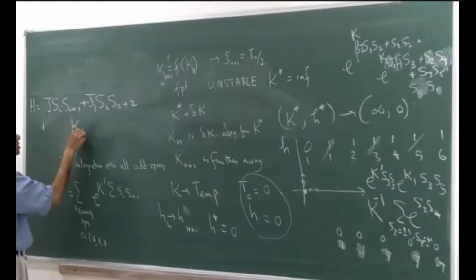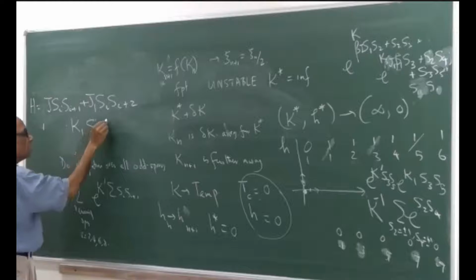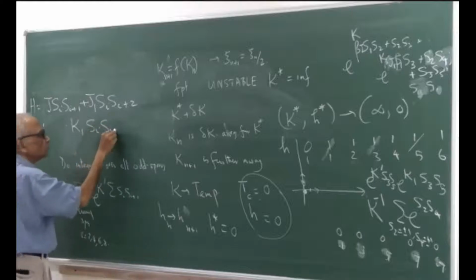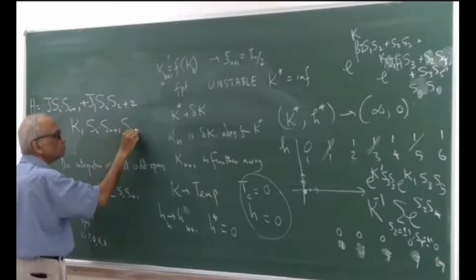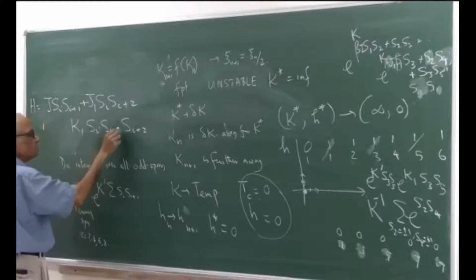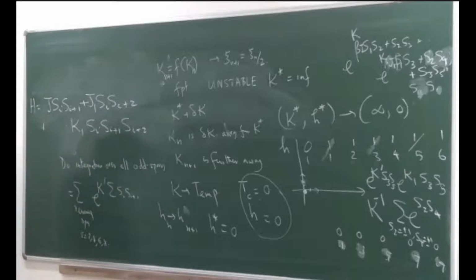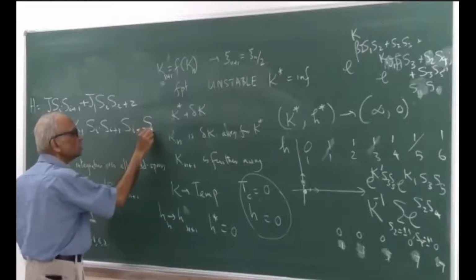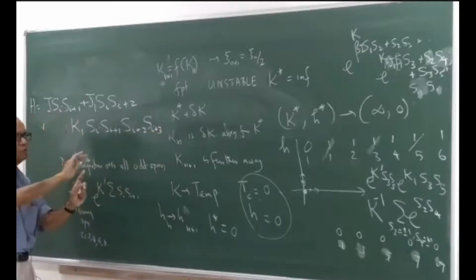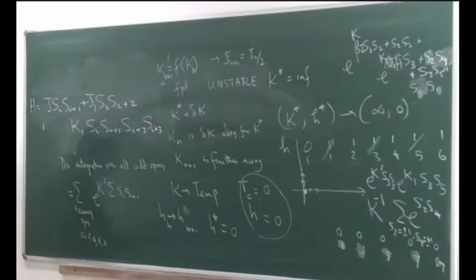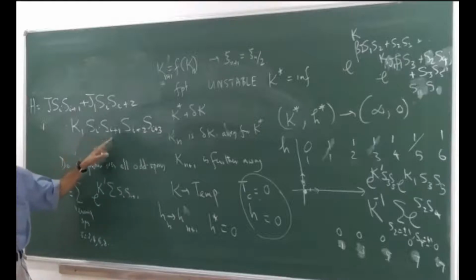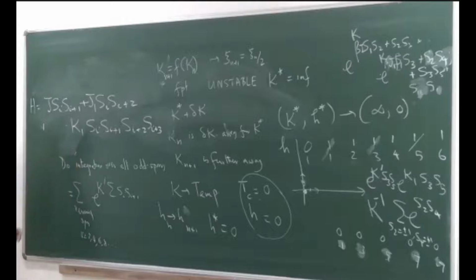Then it is K1 Si Si plus 1 Si plus 2, and a class of these. If I have up-down symmetry, let's rule out the odd ones by up-down symmetry. So Si Si plus 1, Si plus 2, Si plus 3, and let's focus on this.